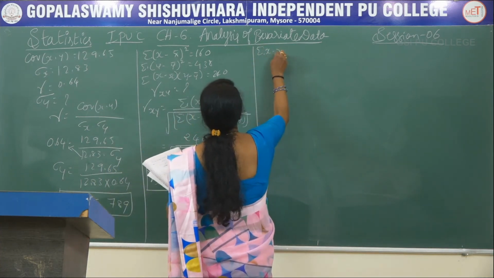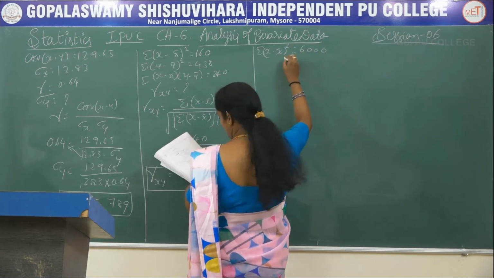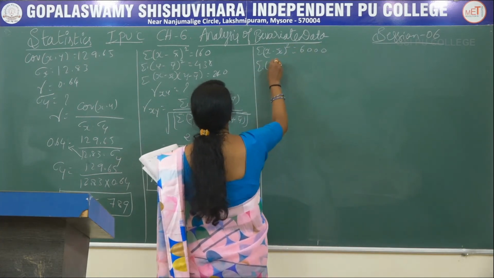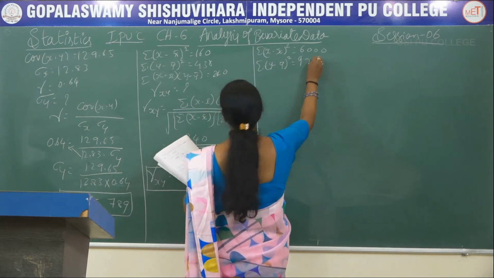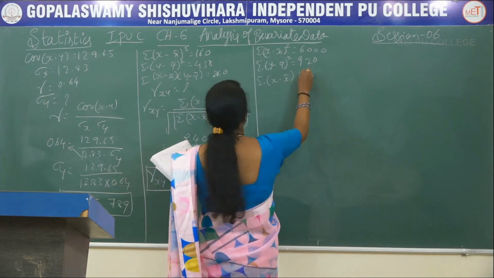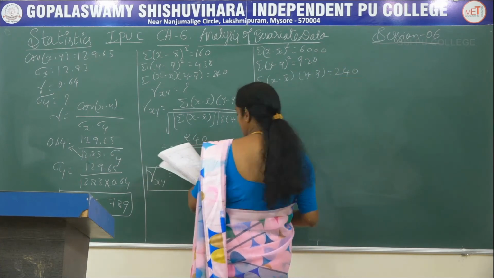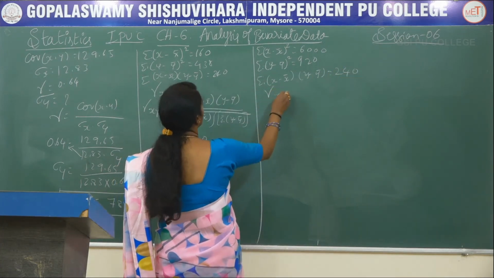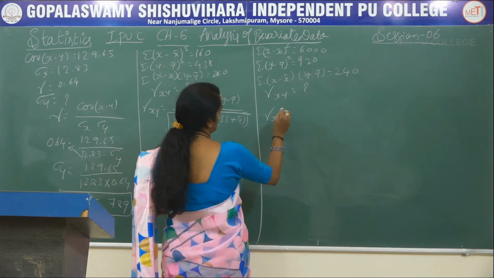Next one. Summation x minus x bar whole square is equal to 6000. Summation y minus y bar whole square is equal to 920. The summation of x minus x bar into y minus y bar is equal to 240. So we have to find the correlation coefficient. Again I am using the same formula.